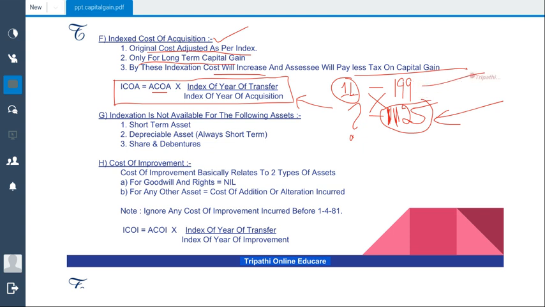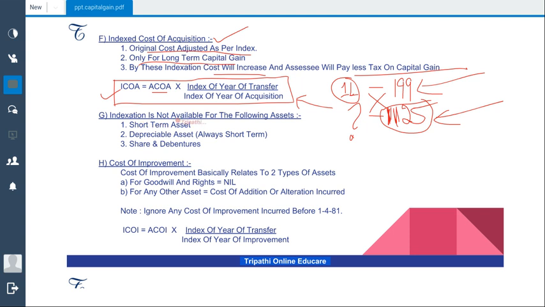The index of year of acquisition is 199. So if you cross multiply, you will get this formula: actual cost of acquisition into index of year of transfer upon index of year of acquisition. So this is how the formula is created. The formula is very simple. It is nothing but the cross multiplication.